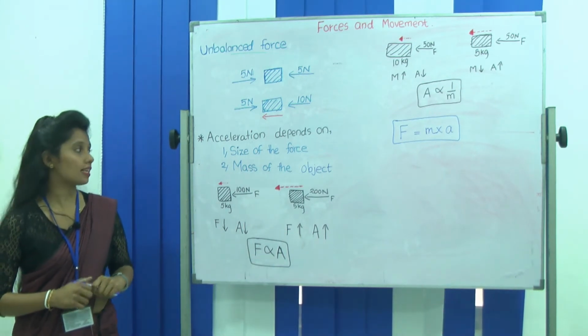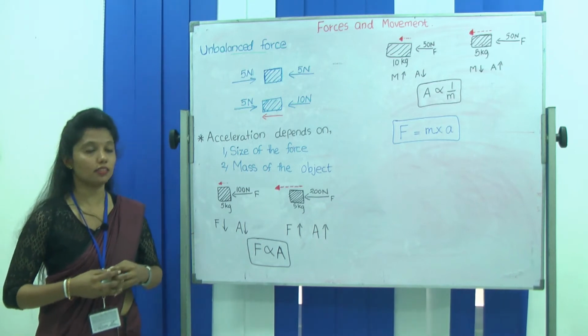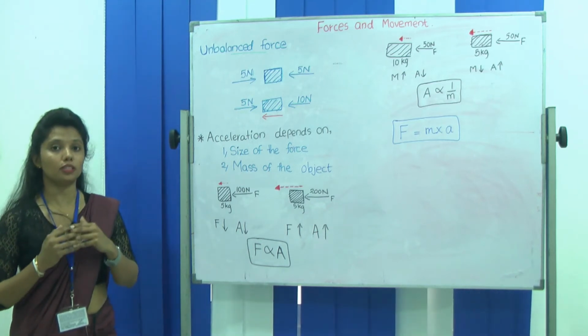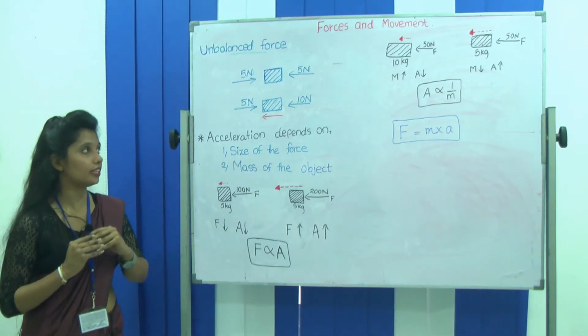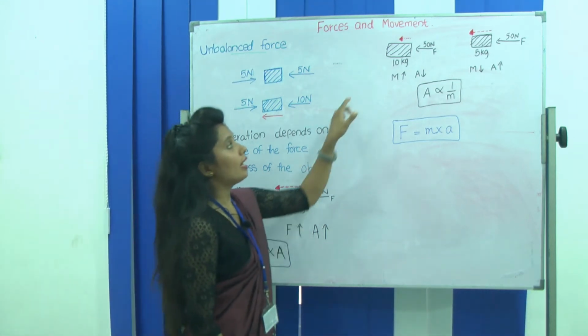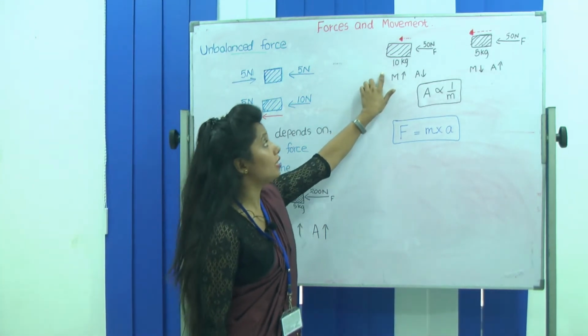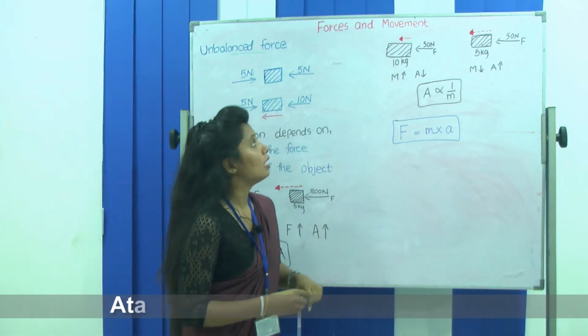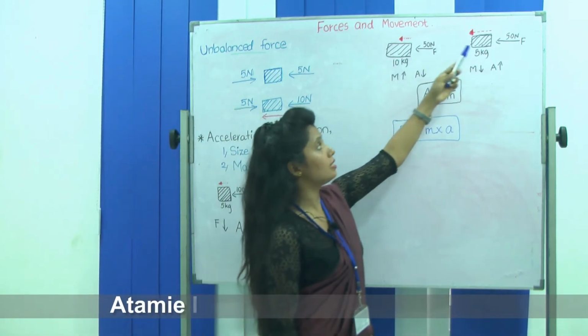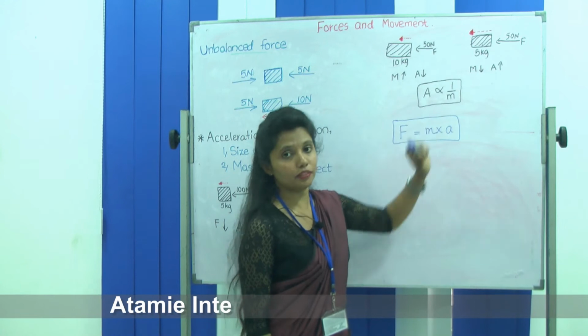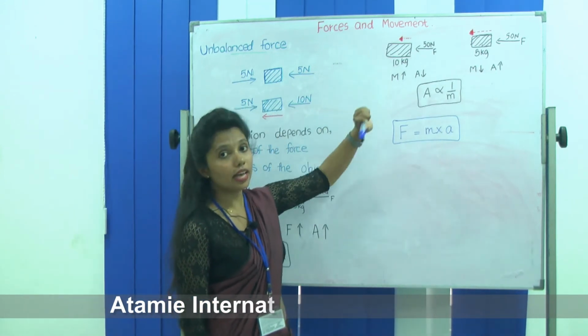So now let's discuss how the mass of the object is going to affect the acceleration. Here I have taken two objects with two different masses, but the force I have applied is the same, 50 Newton. And what about the arrowheads?